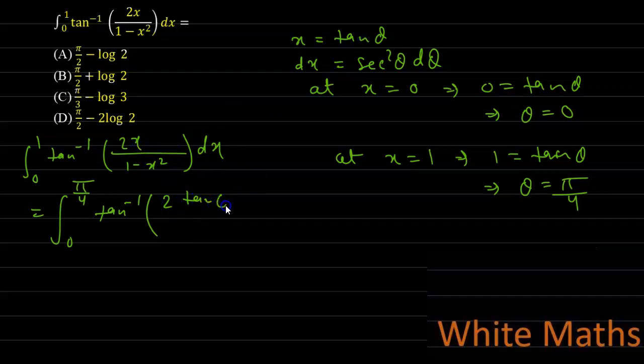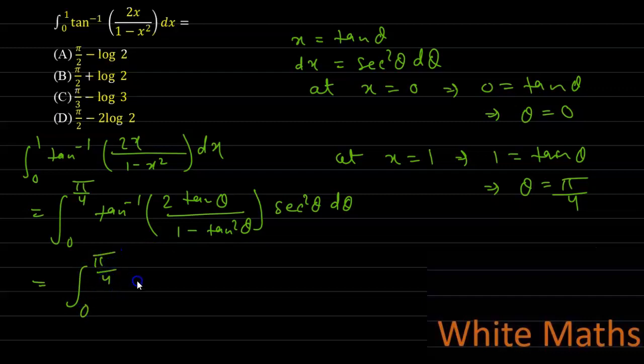over 1 minus tan square theta, and in place of dx put sec square theta d theta. On solving further, since 2 tan theta over 1 minus tan square theta is equal to tan 2 theta, that is limit 0 to pi by 4 tan inverse tan 2 theta sec square theta d theta.